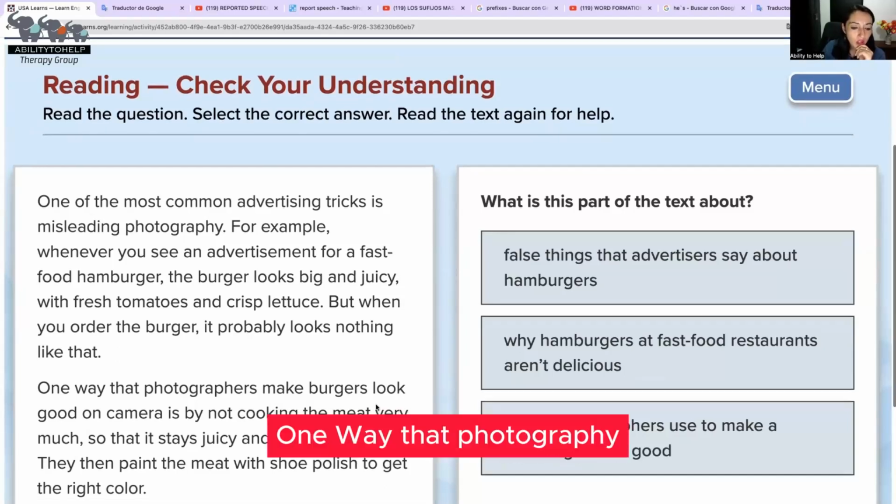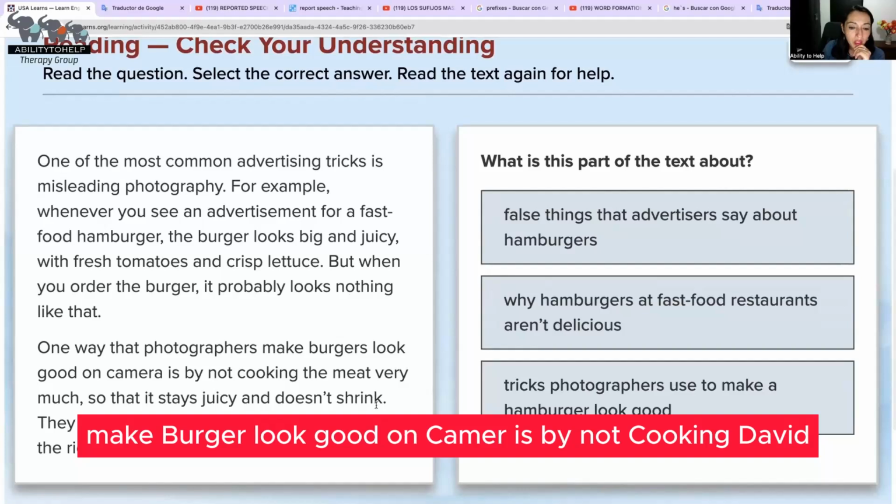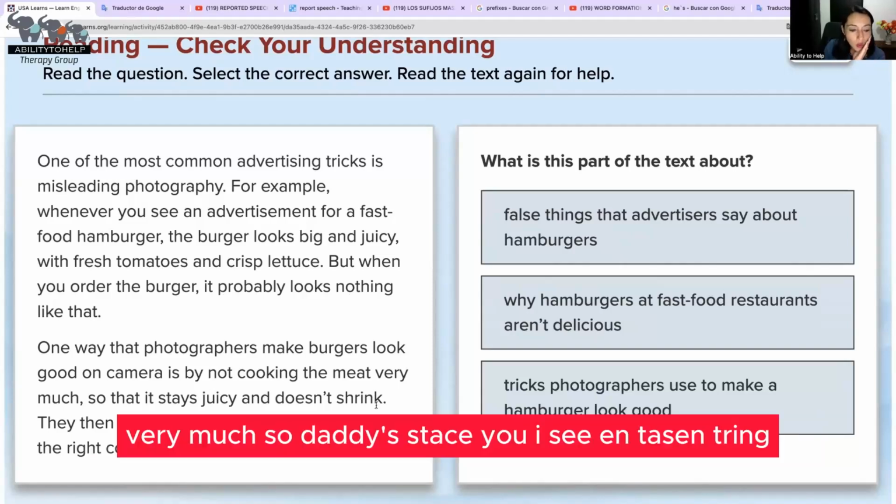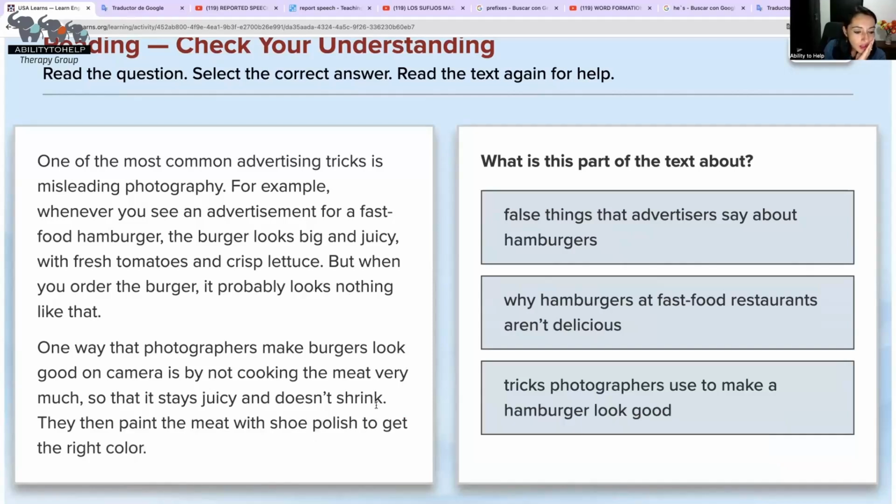One way that photographers make a burger look good on camera is by not cooking the meat very much, so that it stays juicy and doesn't shrink. They then paint the meat with shoe polish to get the right color. So, false things that advertisers say about hamburger.